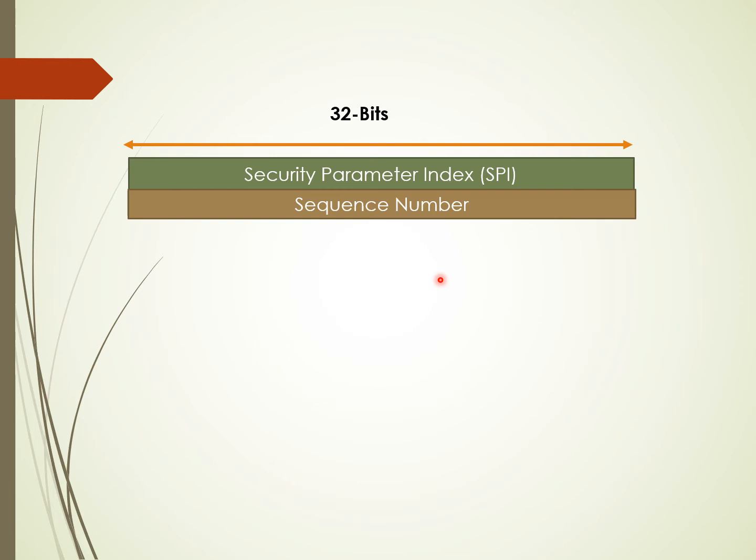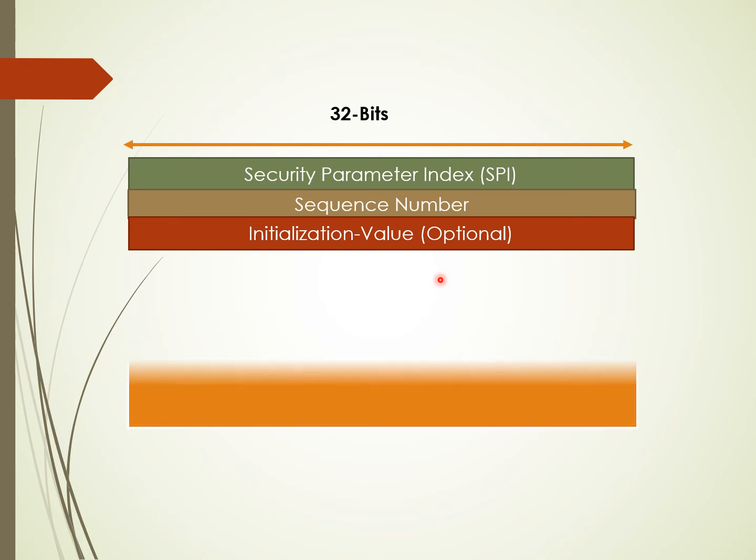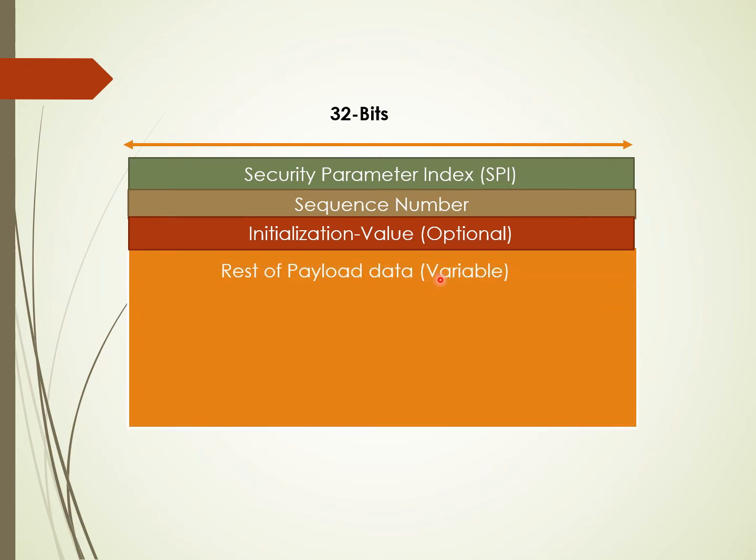Also the sequence number. Each data packet has its unique sequence number to send. And the initialization vector, an optional parameter that we can add to the data packet before sending. Discussion about the initialization vector is not necessary. And the rest is the payload data.